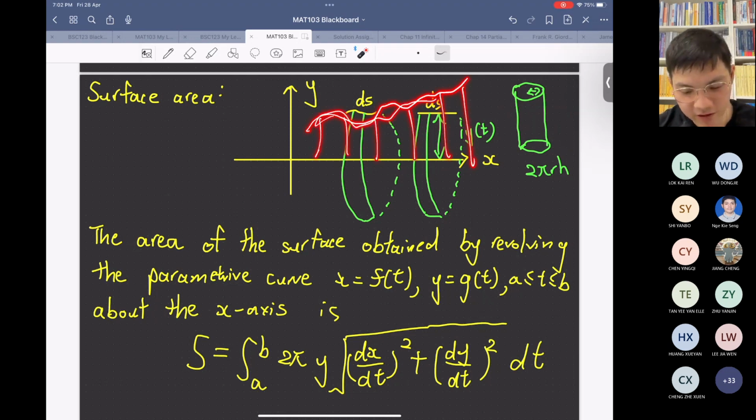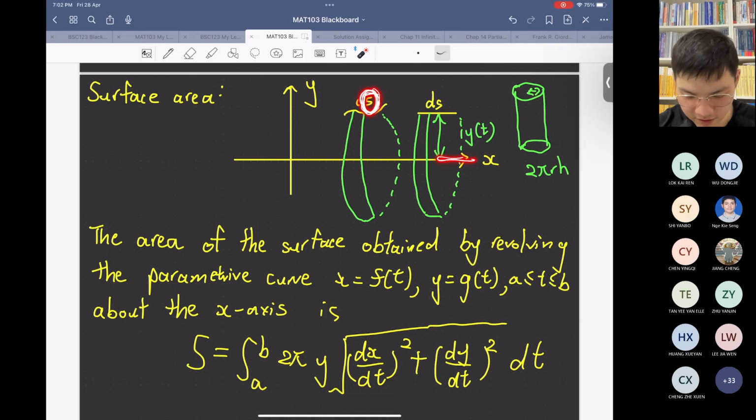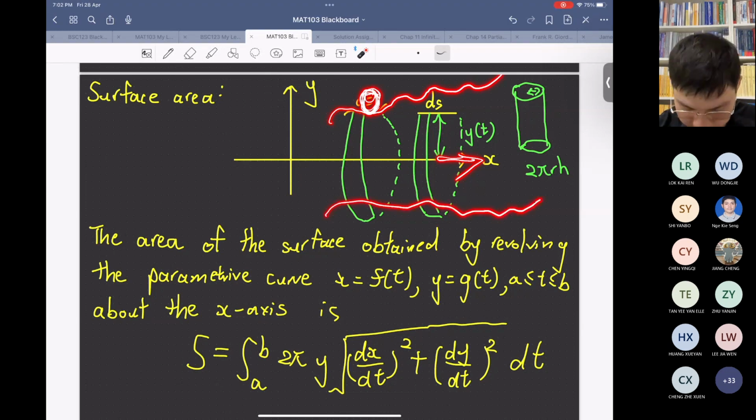Something irregular, we need to pass to the limit. It depends on this s here, not just x. So it depends on this length.